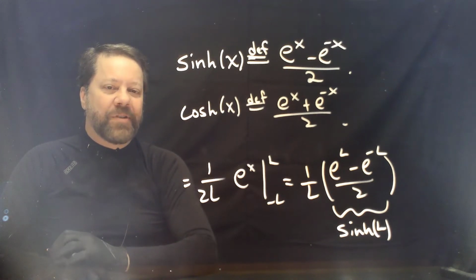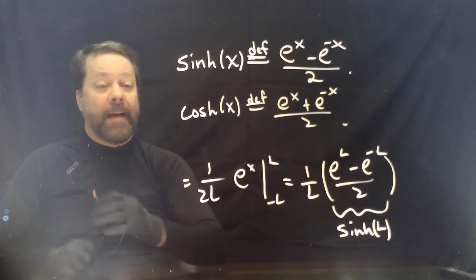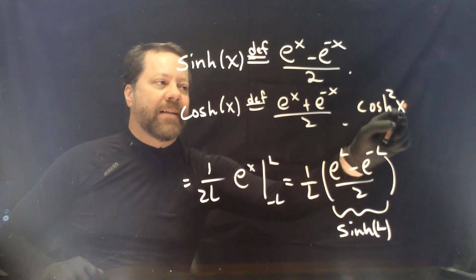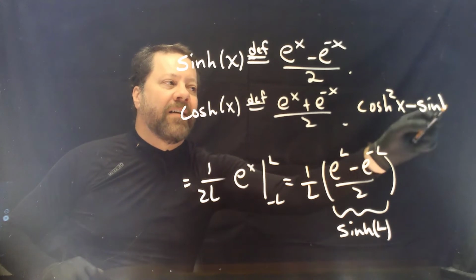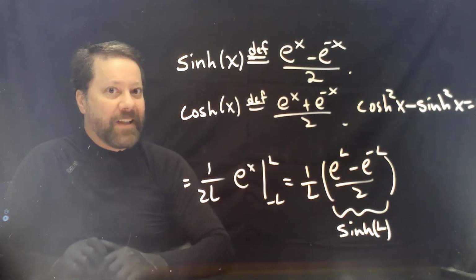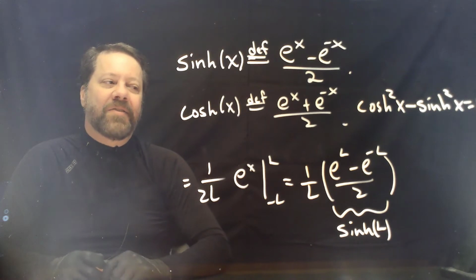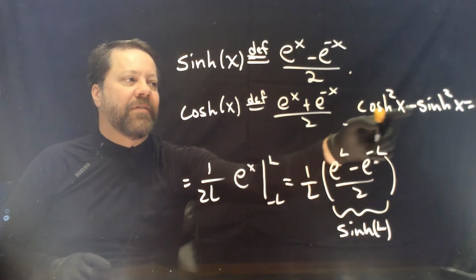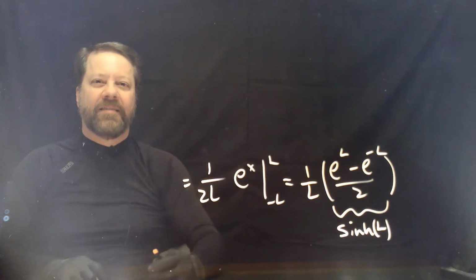These hyperbolic trigonometric functions have some very important properties, like hyperbolic cosine squared x minus hyperbolic sine squared x equals 1, looking more like a hyperbola than a circle. And so the circular functions would have a plus, the hyperbolic functions have a minus.